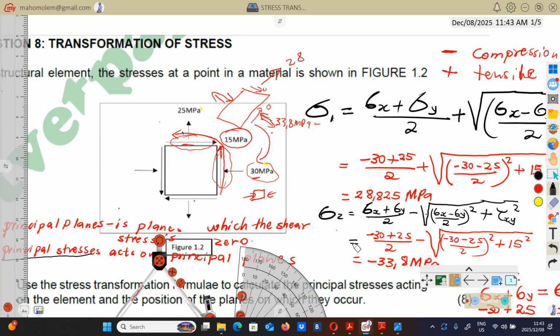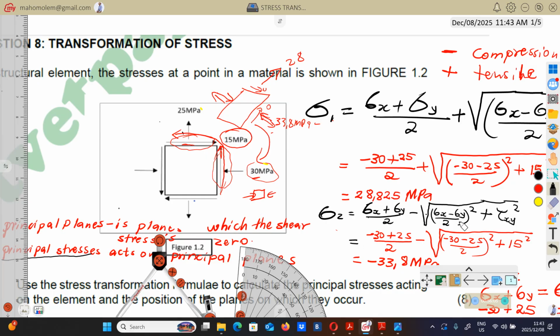Or in other words, as we rotate this element, there will be a certain angle at which the shear stress will be zero. So we're looking for that angle where the shear stress will be zero as we rotate this element.